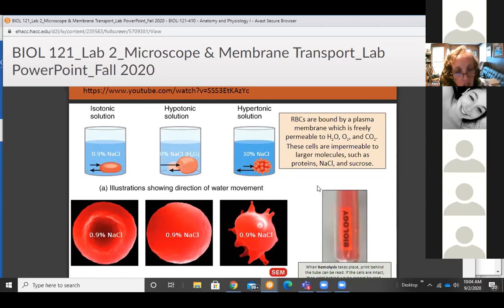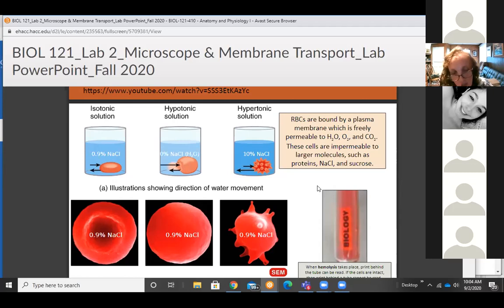Why is it 0.9% sodium chloride? It looks like isotonic, not more concentrated. It's not affecting the cell. Yeah, it's in there because it's the same tonicity salt-wise as the rest of your blood. Cells of the body.